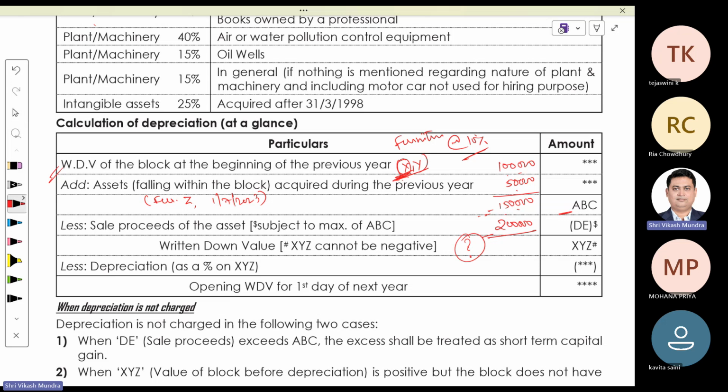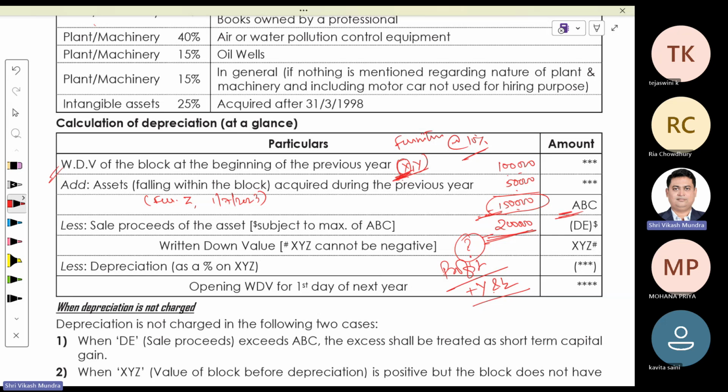The entire value, 1,50,000, is the value of the block as on the given date, but one furniture was sold for rupees 2 lakh, which exceeds the value called ABC. Can I say that it is profit? We earned rupees 50,000, plus we also have furniture Y and Z with us. That means I have earned a profit of rupees 50,000, but we do not have any value to amortize over a number of years, so depreciation would not be charged.